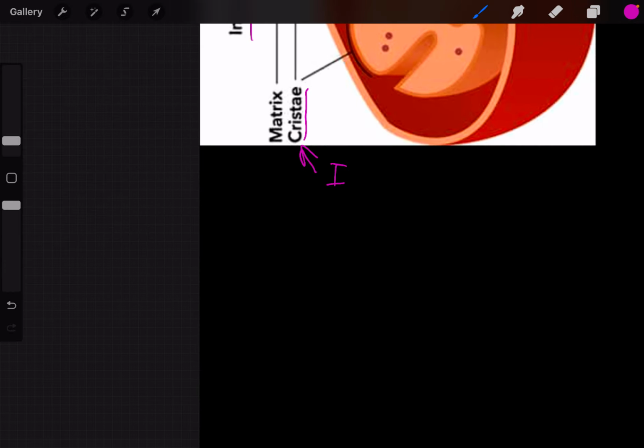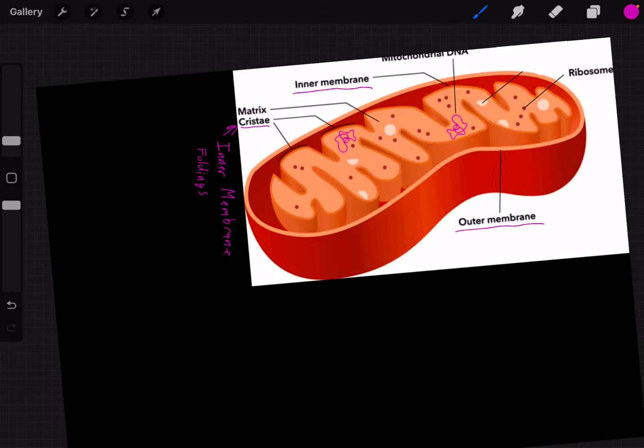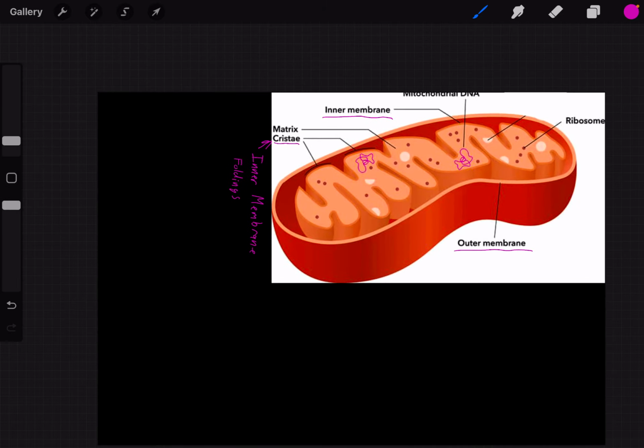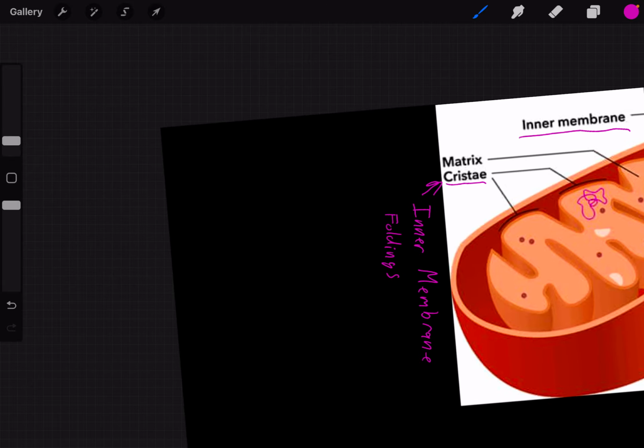The cristae is the folding, so we can call it the inner membrane foldings. We went over endosymbiosis.